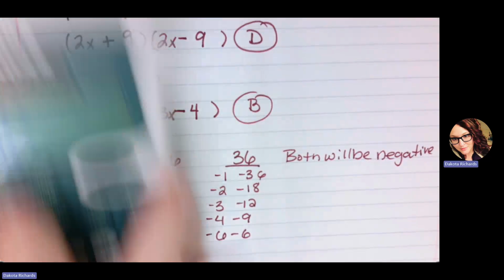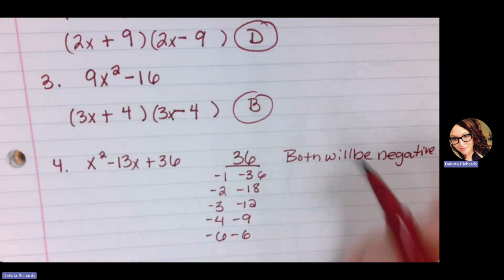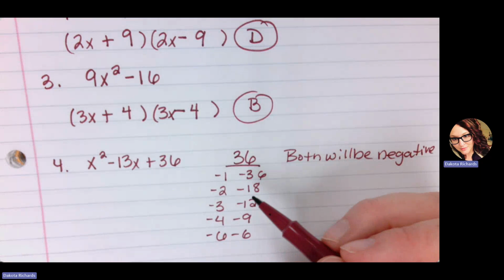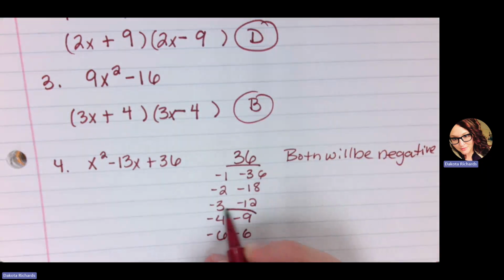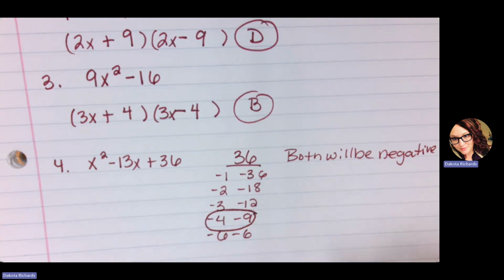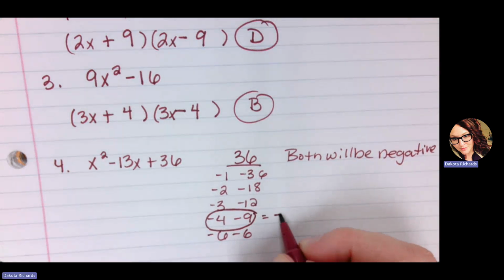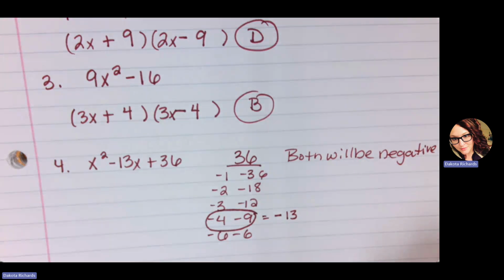Those multiply to 36. Let's see which ones add to give us a negative 13. It looks like negative 4 plus negative 9 will give us a negative 13 if we add them together.